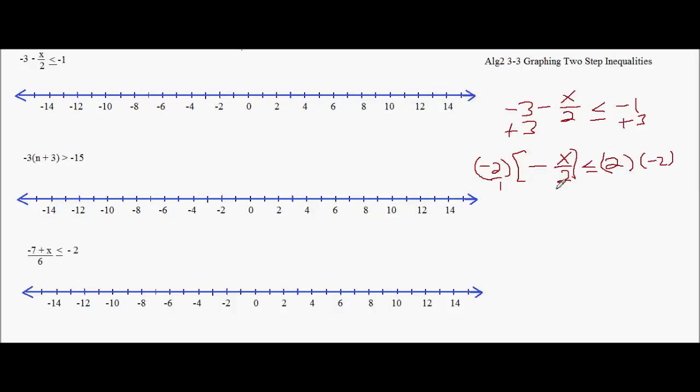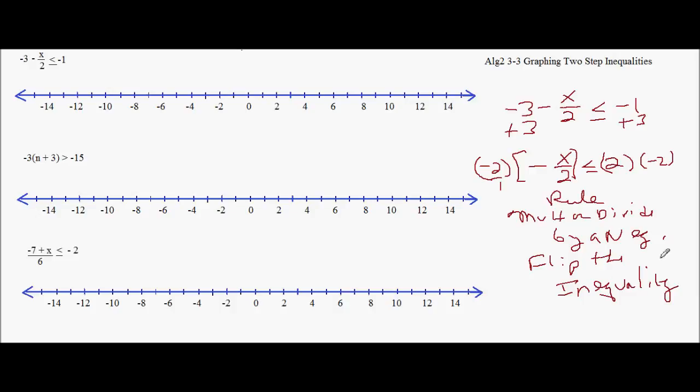So I get 2 over 2, but the rule applies again. If you multiply or divide by a negative, you flip the inequality.